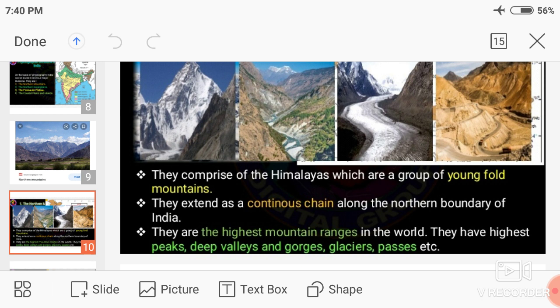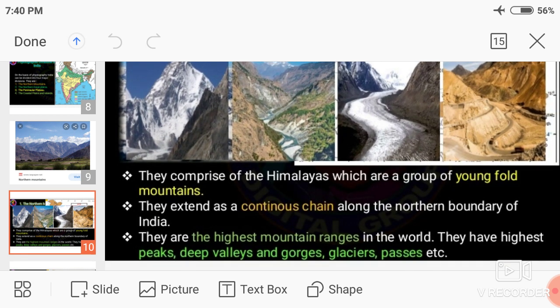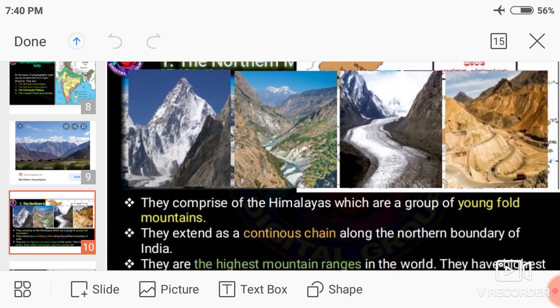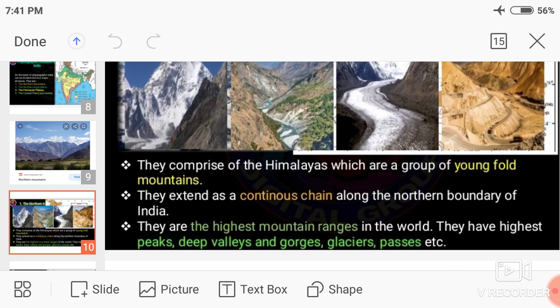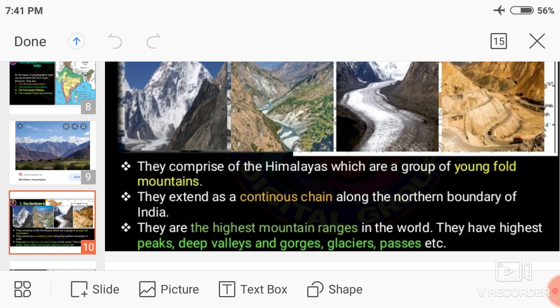These mountains comprise peaks, let us see the picture, then valleys, gorges, glaciers and passes. Understand? They have the highest peaks, deep valleys, gorges, glaciers and passes, etc.